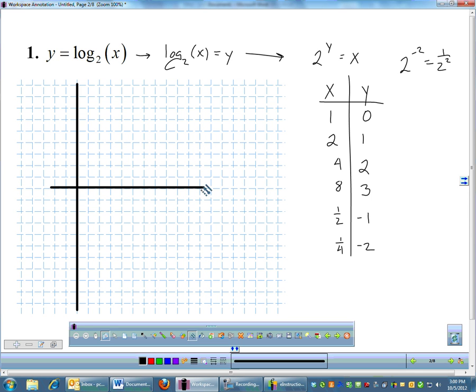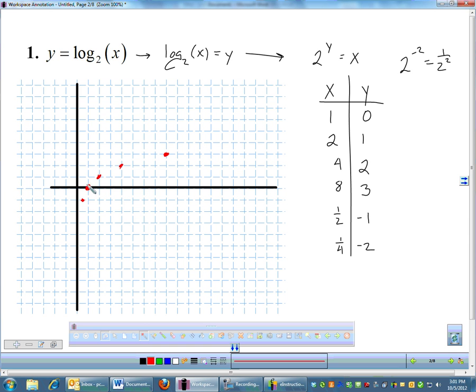So let's graph that, and then we'll plot these points. We had the ordered pair (1, 0). We had the ordered pair (2, 1). We had the ordered pair (4, 2), and (8, 3). Then when x is 1/2, my y-coordinate was negative 1.